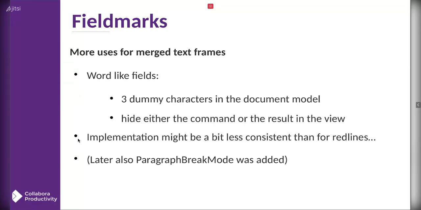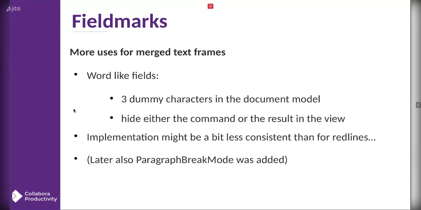And another thing that was added recently is that in Word it is possible to format the paragraph break character with character formatting to hide it. And what Word does then is it effectively merges the two paragraphs together.